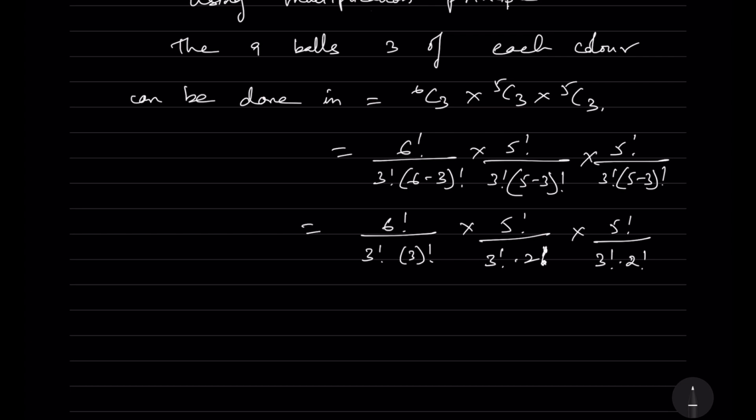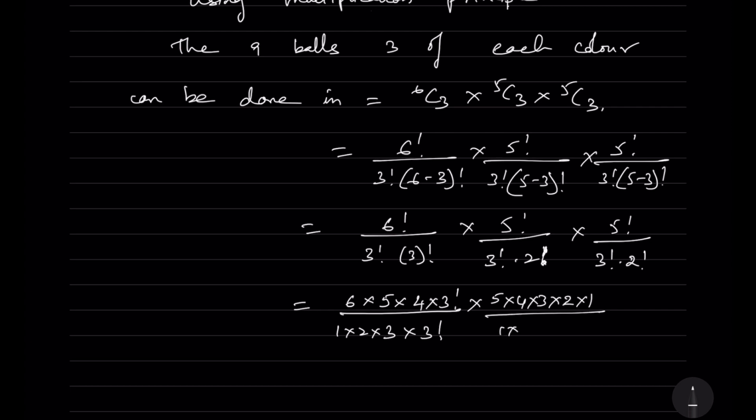So therefore this can be written as 6 into 5 into 4 into 3 factorial divided by 1 into 2 into 3 into 3 factorial, into 5 into 4 into 3 into 2 into 1 divided by 1 into 2 into 3 into 1 into 2.